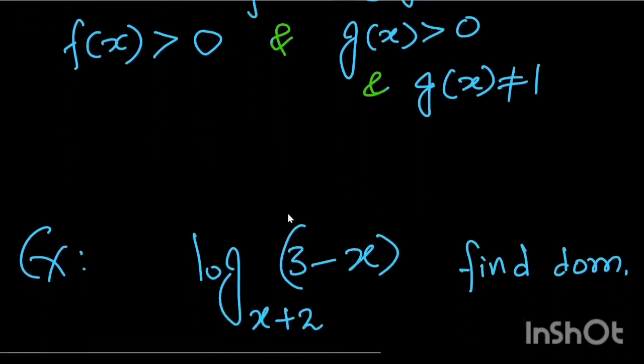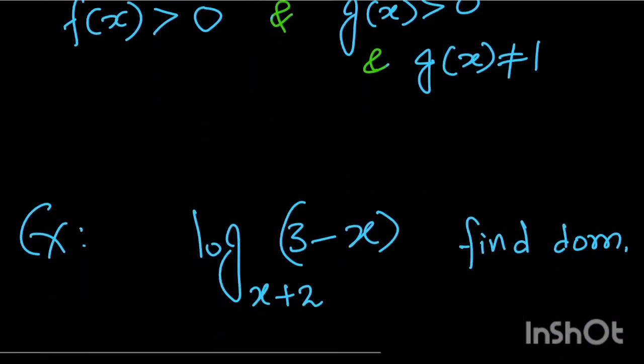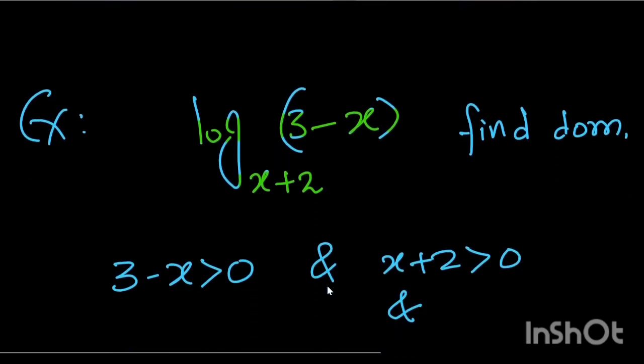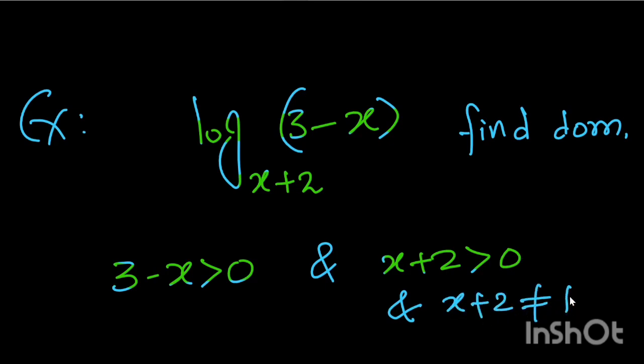So let's take an example. Find the domain of log of 3 minus x, base x plus 2. Let's try this. So 3 minus x should be positive. This is f(x). x plus 2 must be positive. This is g(x). And g(x), which is x plus 2, shouldn't be 1.